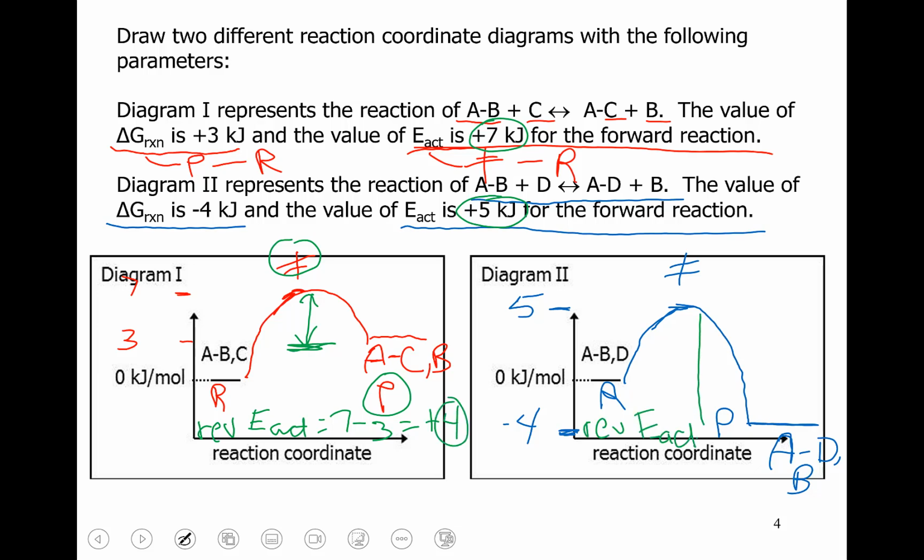Here I have a product energy of minus 4 and a transition state of 5. So if I take 5, which is my transition state energy, and subtract a minus 4, I'm going to get an energy difference of 9. The smaller energy of activation is the one that gives me the larger rate constant. So diagram 1 is going to have the faster reverse reaction.